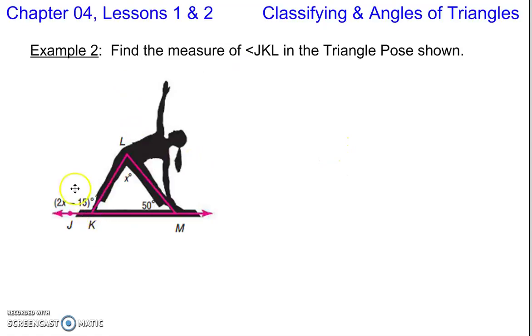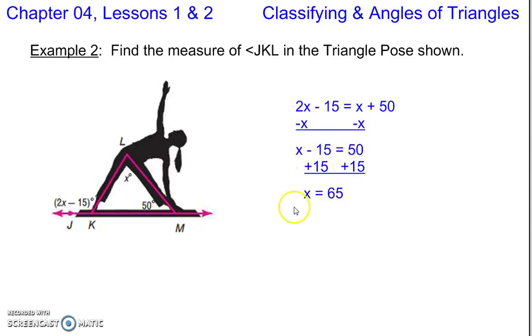So if I want to find this exterior angle, I know that these two remote interior angles add up to the same measure. So x plus 50 is equal to 2x minus 15. Solve this, bring x to one side, add 15 to each side, and you get x is 65.